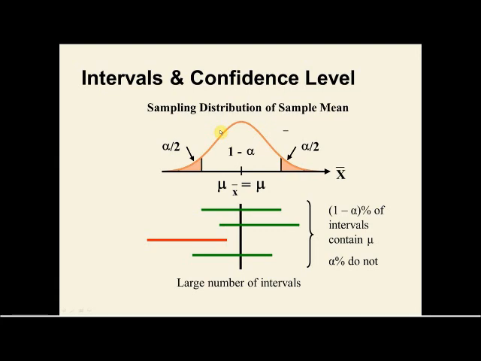The way that we're going to make our estimates, let's just say that we're making an estimate of the population mean. We're going to make an estimate by looking at the sample mean. Now, for the sample mean, we can consider the distribution of all sample means.